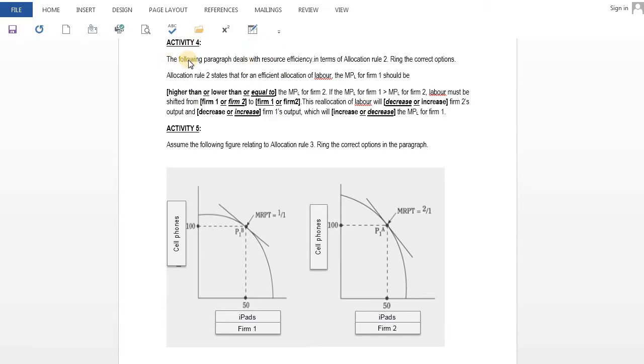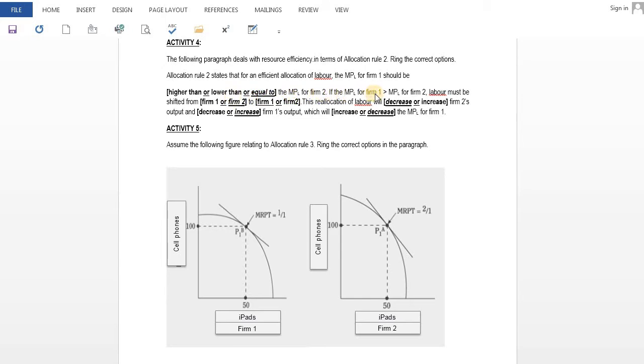Activity 4 says the following paragraph deals with resource efficiency in terms of allocative rule 2, and you have to ring the correct options. Allocation rule 2 states that for an efficient allocation of labor, the MPL for firm 1 should be higher than, lower than, or equal to the MPL for firm 2.